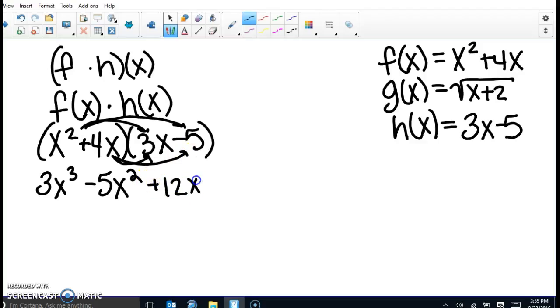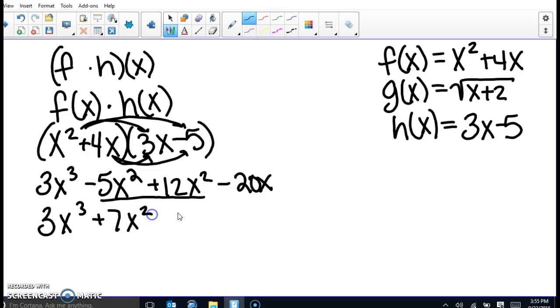So we have plus 12x squared minus 20x. Combining like terms, 3x cubed plus 7x squared minus 20x. So f times h of x is 3x cubed plus 7x squared minus 20x.